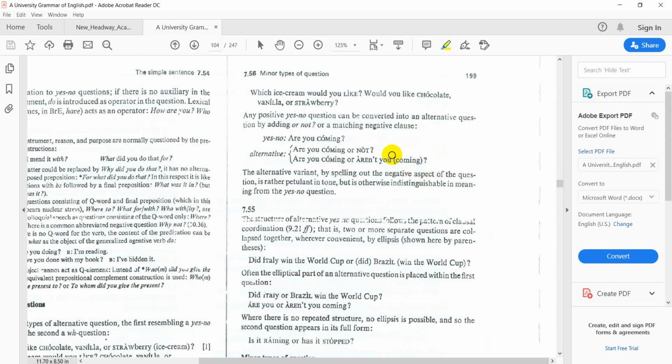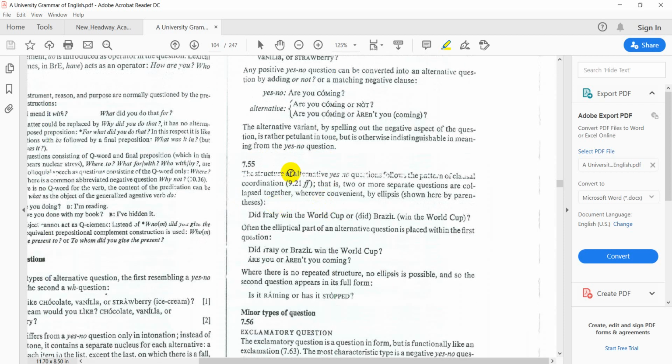That's why it is written between two parentheses here, as you see. So either mention it or ellipse it. Are you coming or aren't you coming? The alternative variant, by spelling out the negative aspects of the question, is rather petulant in tone, but is otherwise indistinguishable in meaning from the yes-no question.